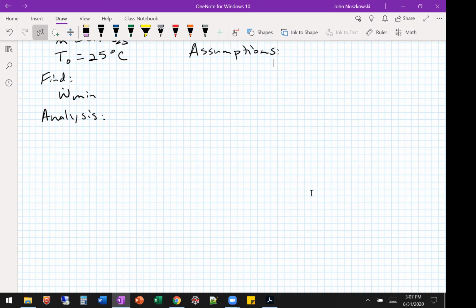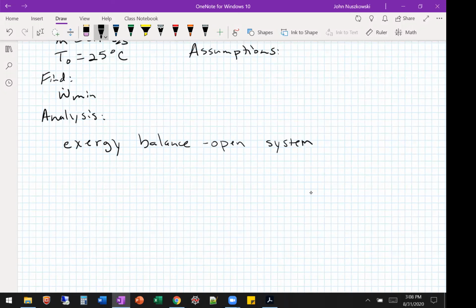Okay, so how do we get the reversible work? What equation do we use to get there? We could use the exergy balance. Yeah, so exergy balance, open system. Okay. All right, so let's get that equation.